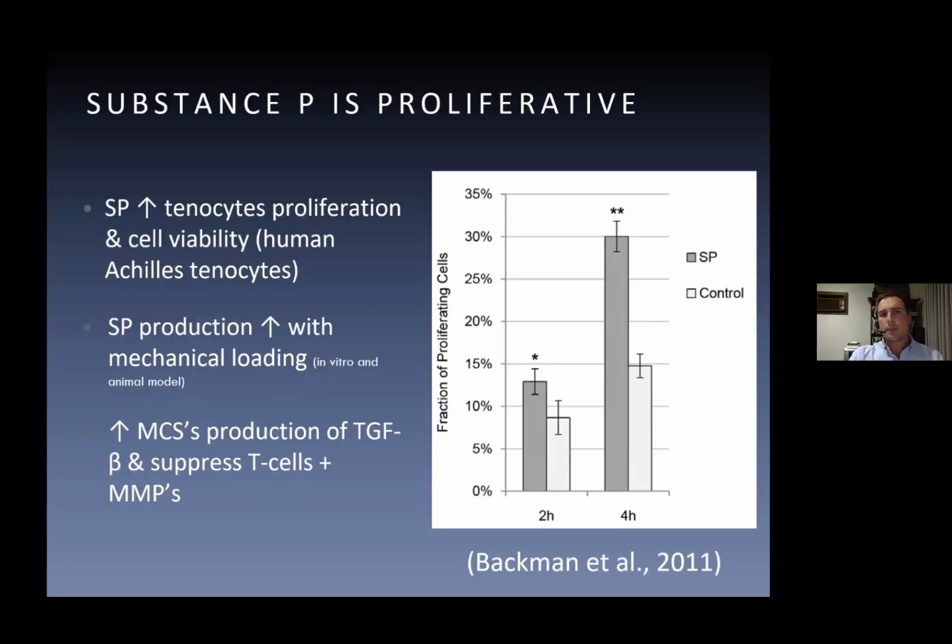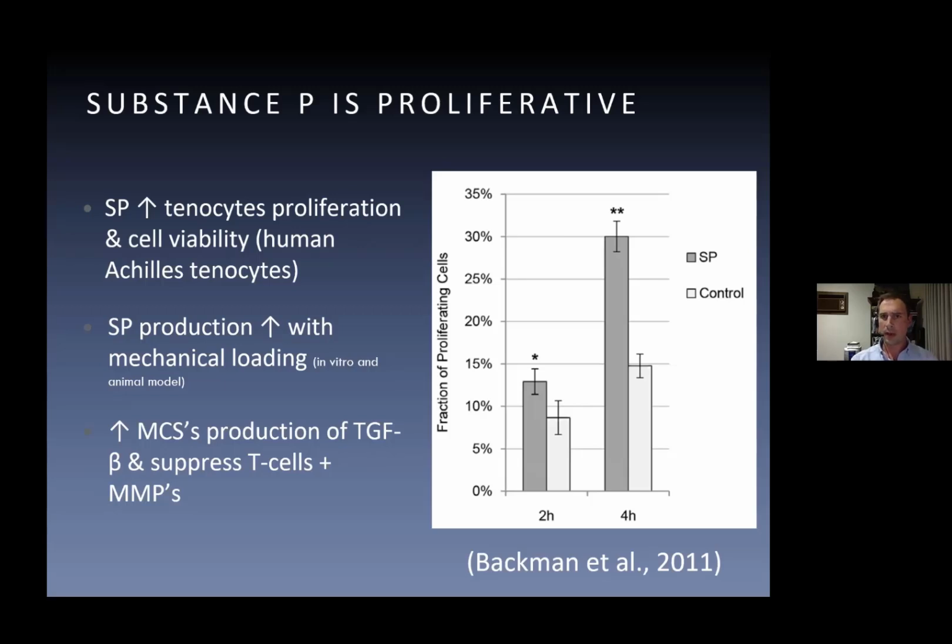Substance P is also a proliferative. People think about it purely around pain, but it's also biologically active. Substance P increases the proliferation of human tendon cells. In this study, cells were taken out of a human Achilles tendon and cultured.